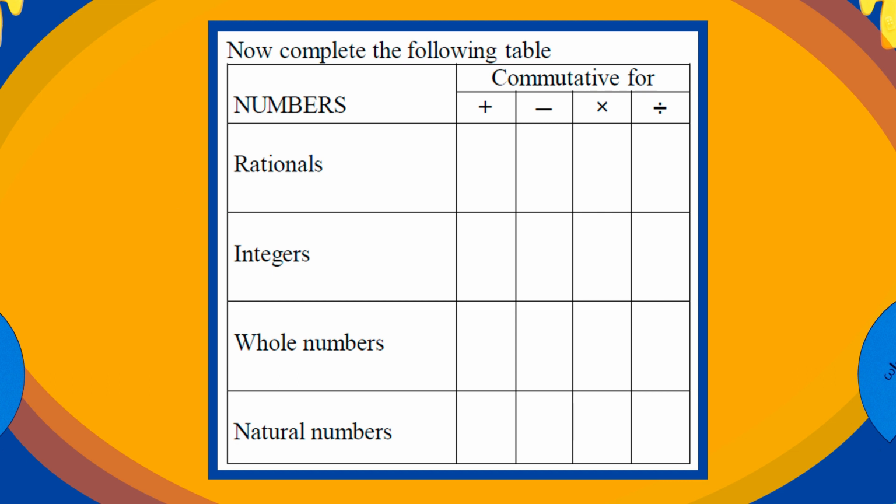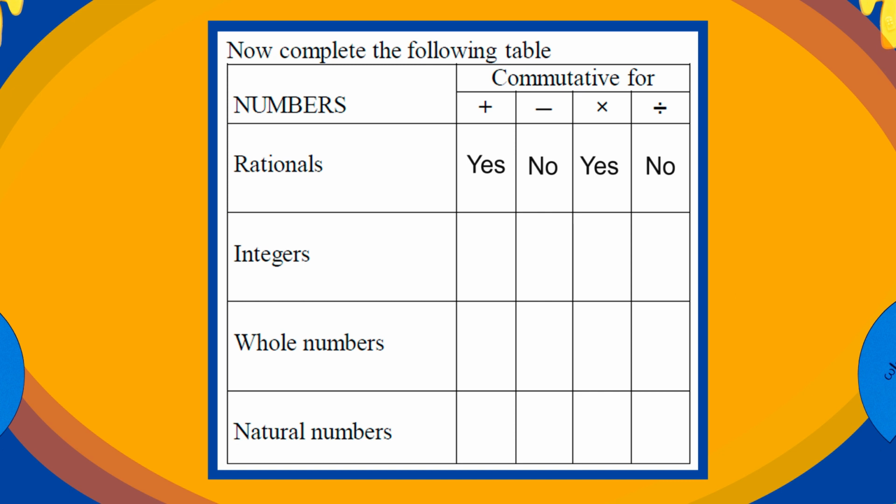First, with respect to addition, rationals are commutative, therefore, we have to put yes. With respect to subtraction, rationals are not commutative, therefore, we put no. With respect to multiplication, it is yes. With respect to division, it is no.